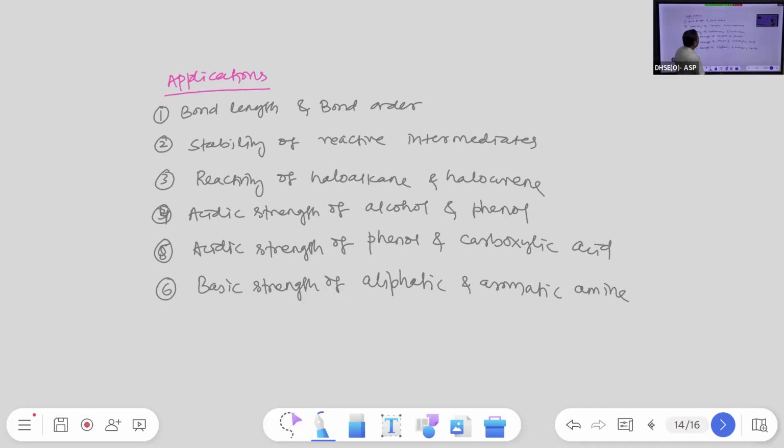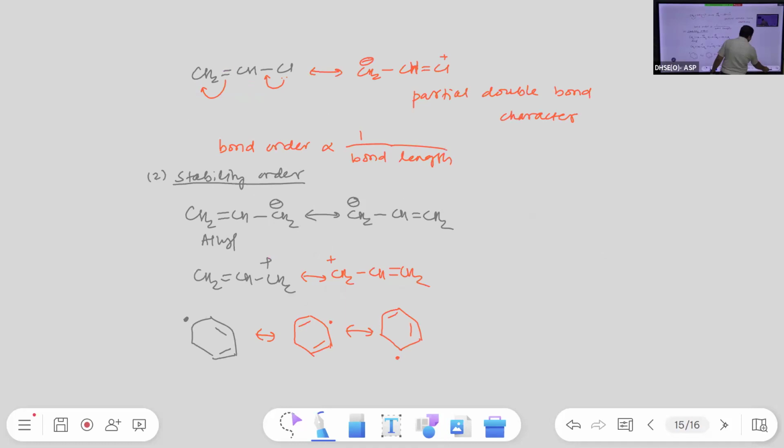Next is hyperconjugation. Before going to that, we are going to discuss some questions. Arrange the stability. First question: carbocation.